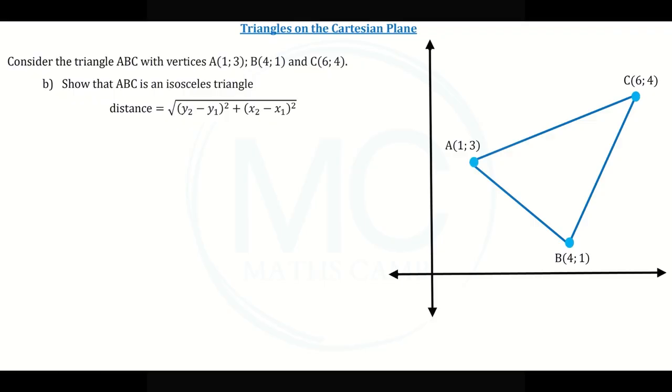Let's find the length of AB. So let's say that A is our first point and B is our second.